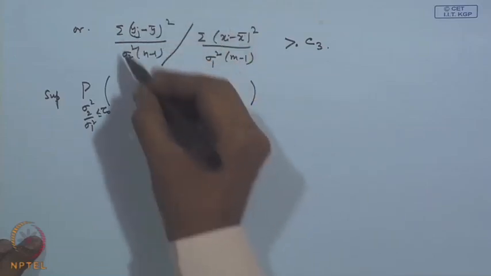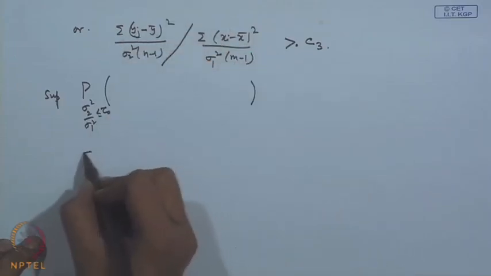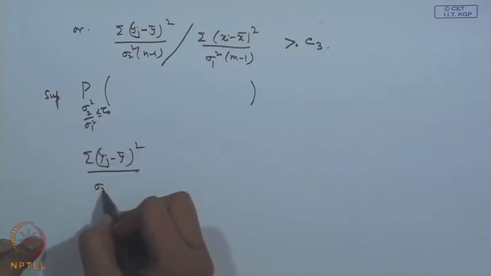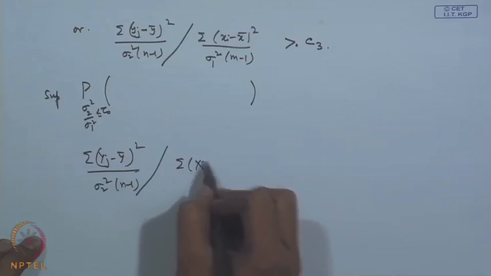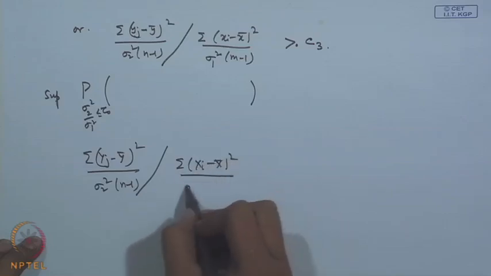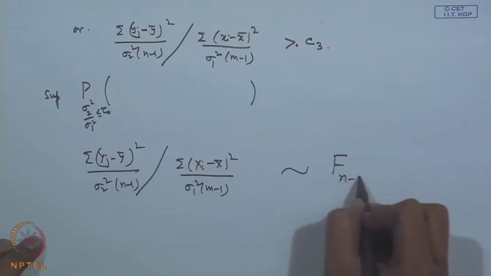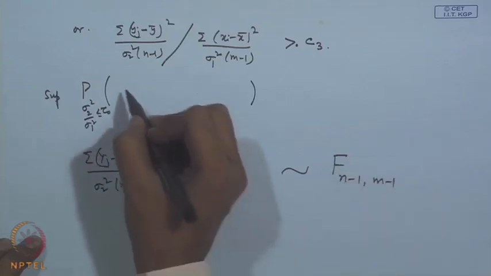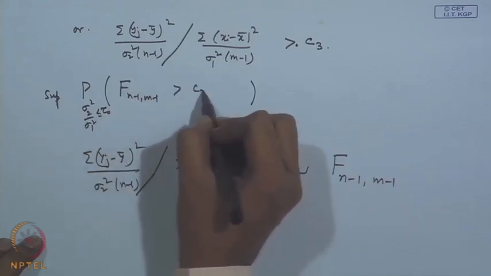So, you look at the distribution of this. This has sigma (y_j minus y bar) whole square by sigma 2 square (n minus 1), divided by sigma (x_i minus x bar) whole square by sigma 1 square (m minus 1). This follows F distribution on n minus 1, m minus 1 degrees of freedom. So, now what we are saying is F(n minus 1, m minus 1) greater than C 3.